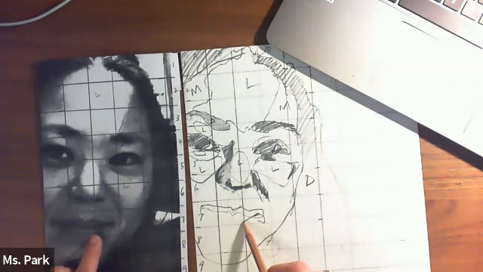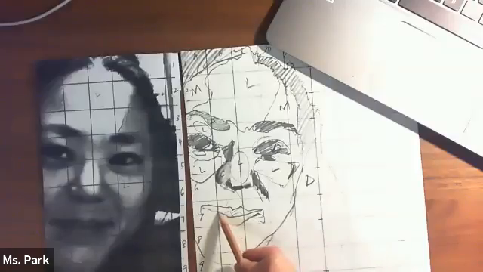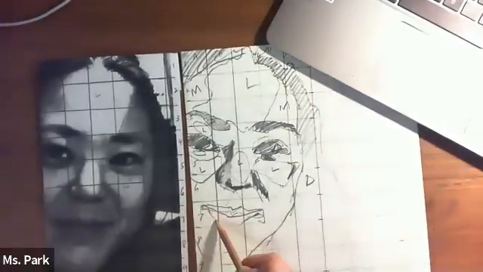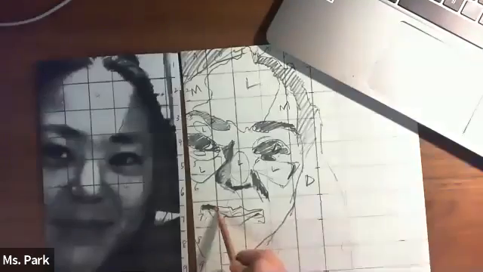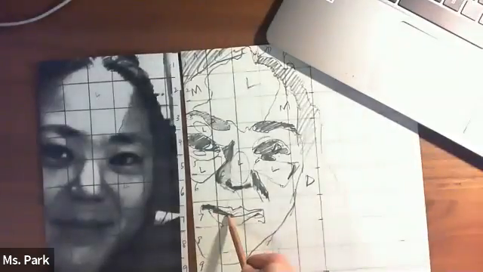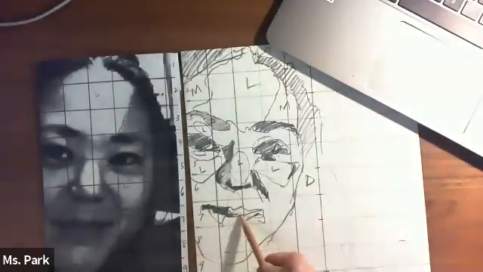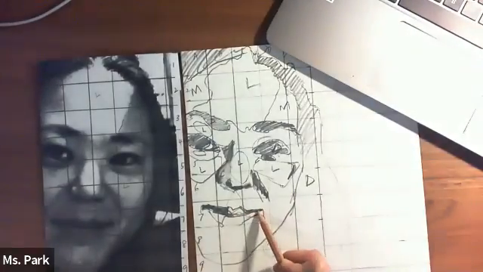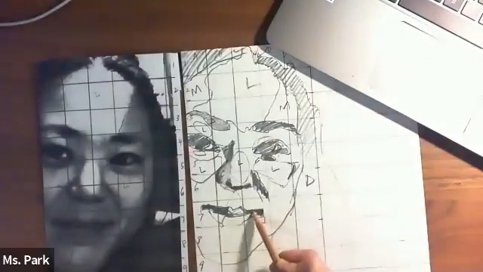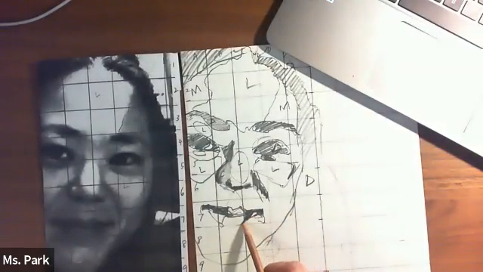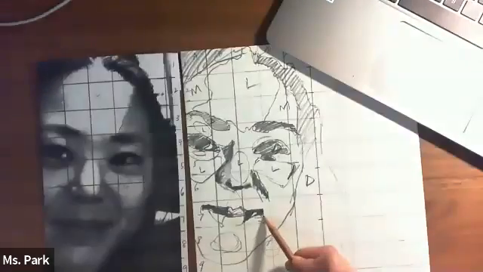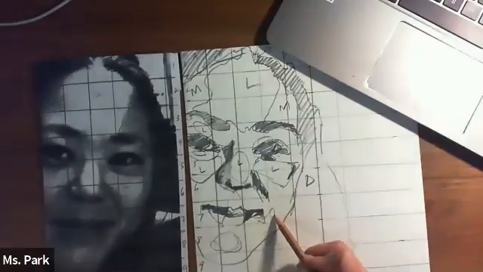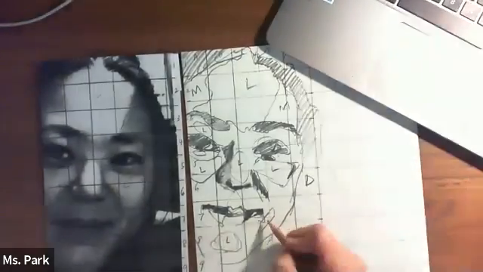I see that the bottom of my lip doesn't hit that line there yet. Light.